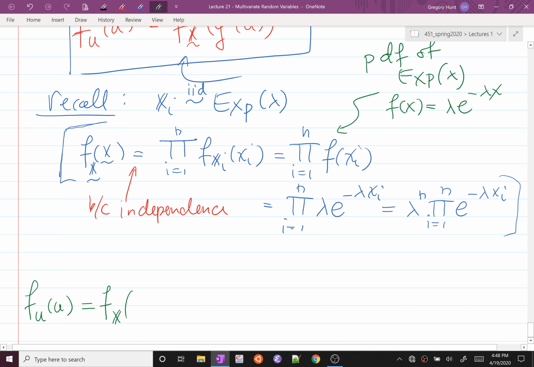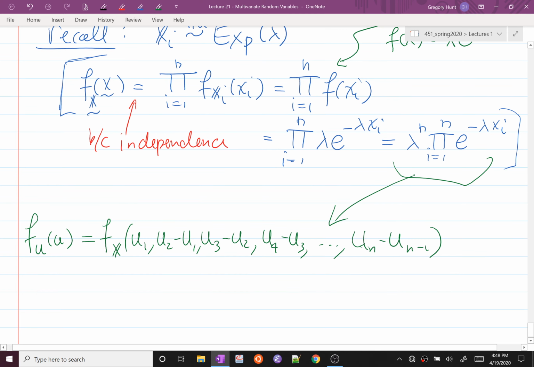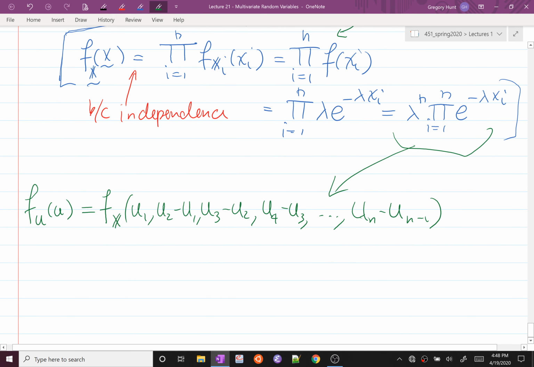The first inverse is just u1. The second inverse is u2 minus u1. Then it's u3 minus u2. Then it's u4 minus u3, etc., all the way up to u sub n minus u sub n minus 1. All right, so we derived that above. And now we can plug each of these into f x tilde. And what do we get? So it's the lambda to the n out front.